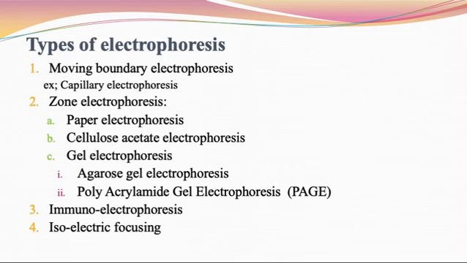Zone electrophoresis includes paper electrophoresis, cellulose acetate electrophoresis, and gel electrophoresis, which are agarose gel electrophoresis and polyacrylamide gel electrophoresis, or PAGE, then immunoelectrophoresis and isoelectric focusing electrophoresis.